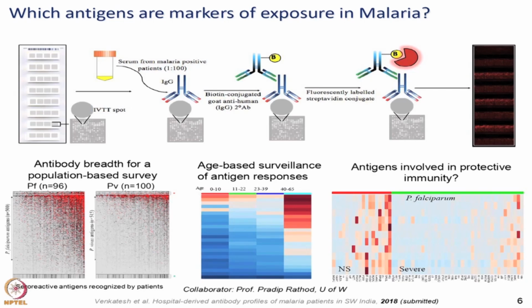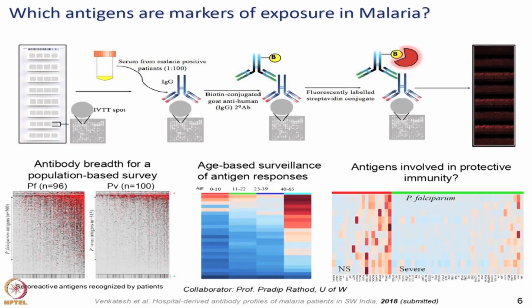In this case, we looked at the Goa population, in collaboration with Professor Pradeep Rathod's lab at the University of Washington. A variety of patients affected by malaria, both falciparum and vivax, were screened, and on the chip we had only antigens from falciparum or vivax parasites. The patients' serum samples were probed on the chip and we looked at the antibody breadth of patients suffering from falciparum or vivax malaria.